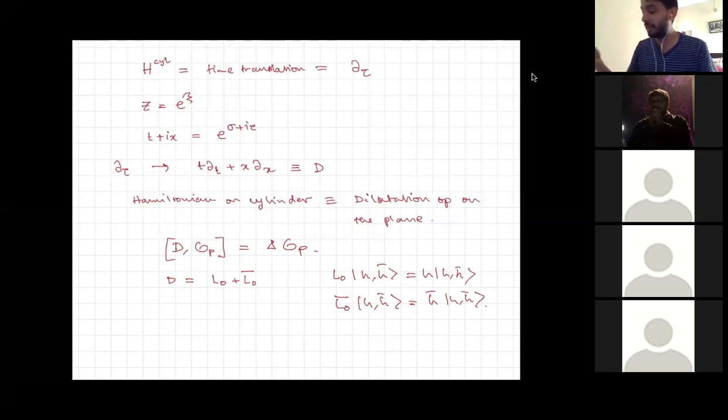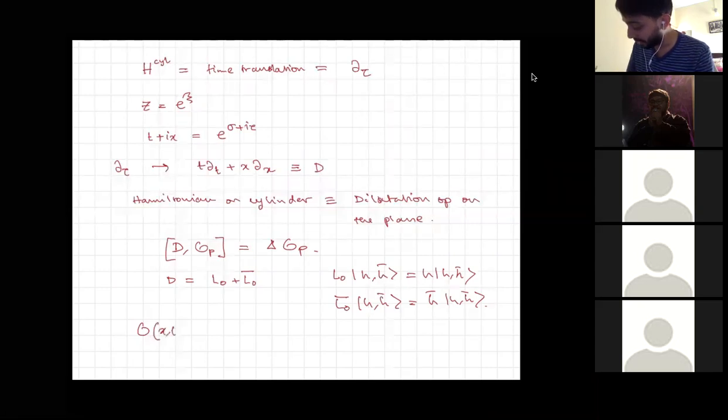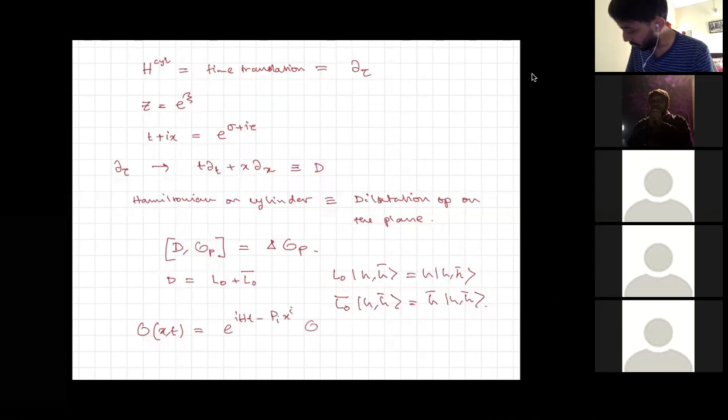We also did a little bit of this when we were looking at some particular operator O at x, t. We had e to the iHt minus i P x, O of 0, 0, e to the minus iHt.